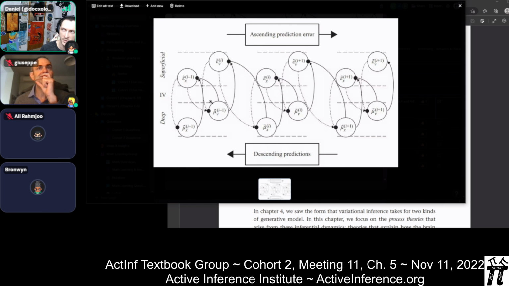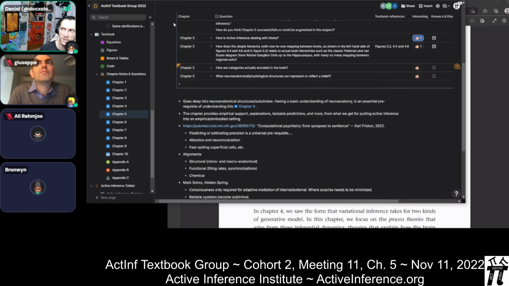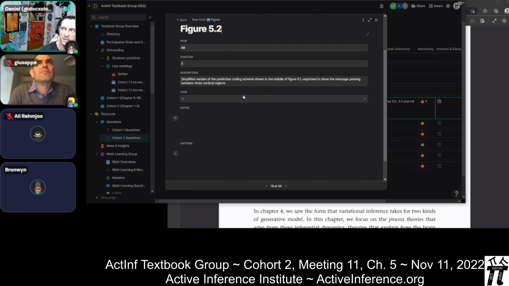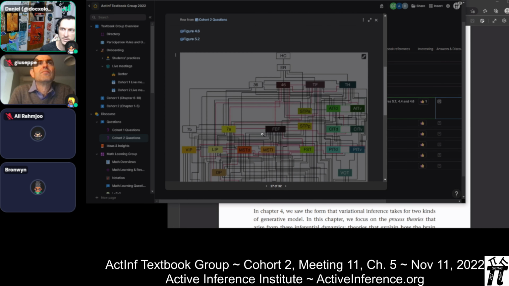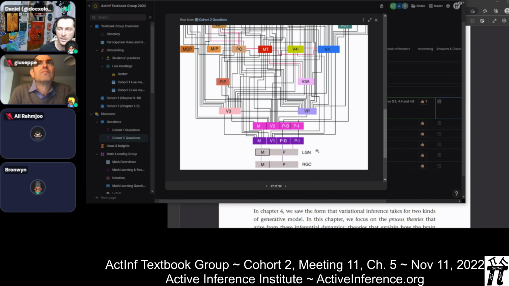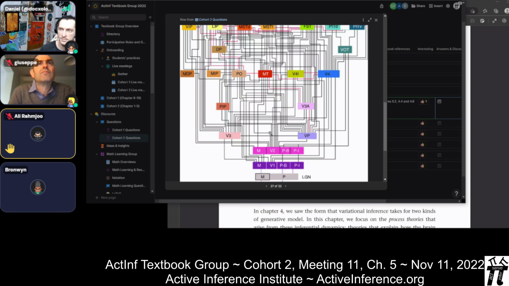So, how do we reconcile computational hierarchical models with the empirical structural connectivity of the brain, which has a wiring structure looking like this?